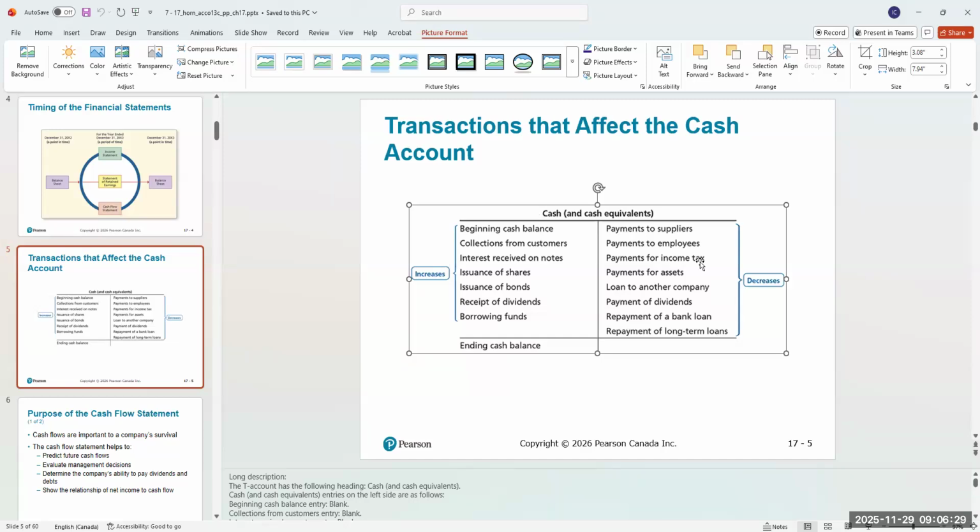So basically, those are the decreases, and as you can see, so many increases. But at the end of the day, we're chasing the ending balance. We start with the beginning balance, add the increases, deduct the decreases, and see what the ending balance is.